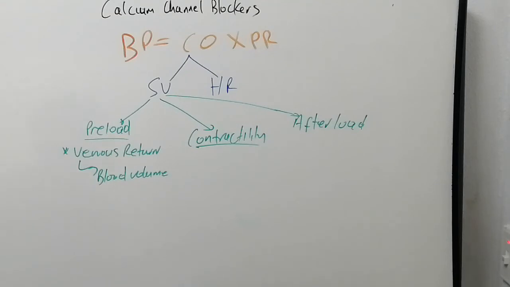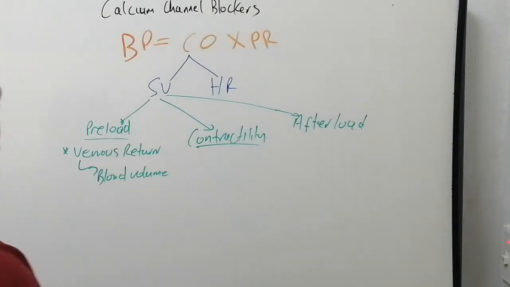What is afterload? Afterload is the work that the heart needs to do to overcome peripheral resistance in order to have a good cardiac output. So the higher the afterload, the more difficult it's going to be for the heart to pump against that resistance, and you are going to have a decreased stroke volume. So in a hypertensive patient, you want to decrease the afterload, so that it becomes easier for the heart to pump. You don't want your heart to pump against resistance, especially if you've got heart failure.